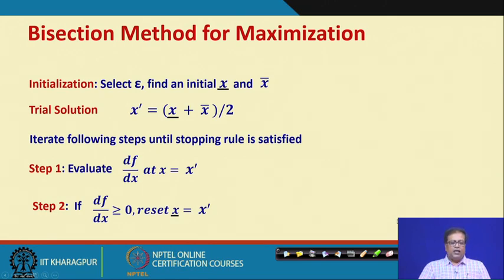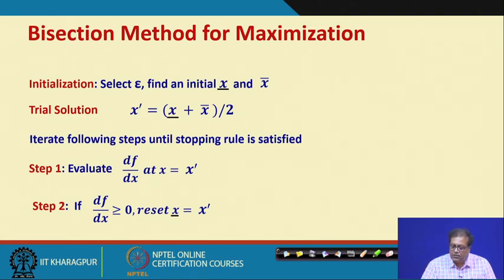So, initialization: select epsilon, find an initial x underline and x bar, and then the trial solution is x underline plus x bar divided by 2. So, this x underline is on one side and x bar is on the other side.